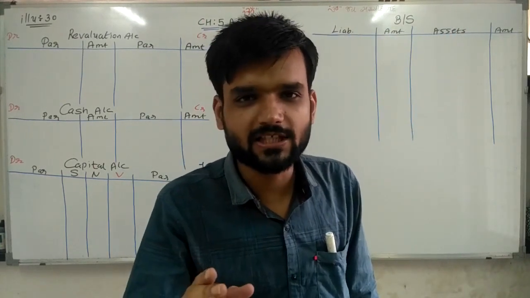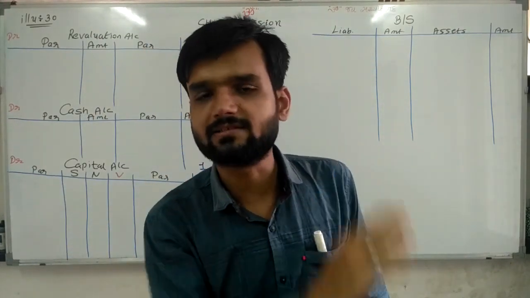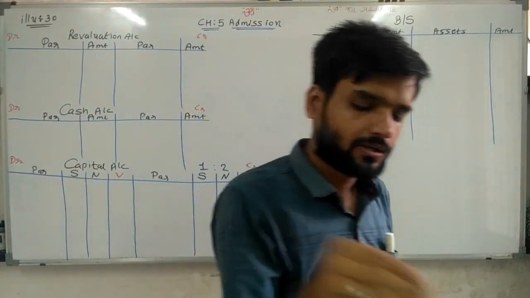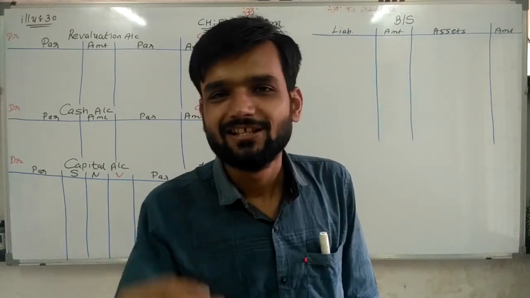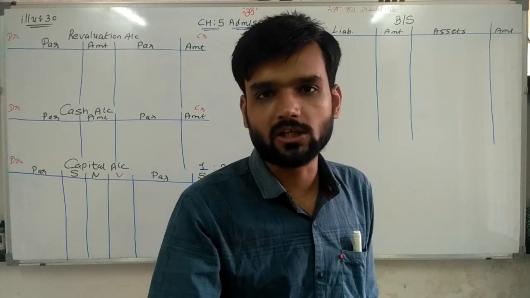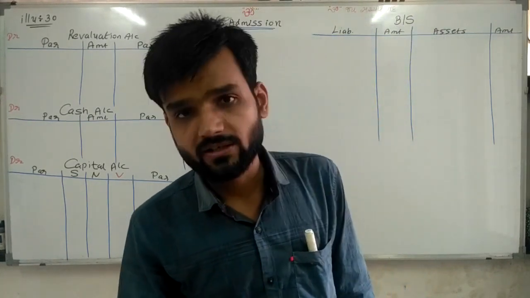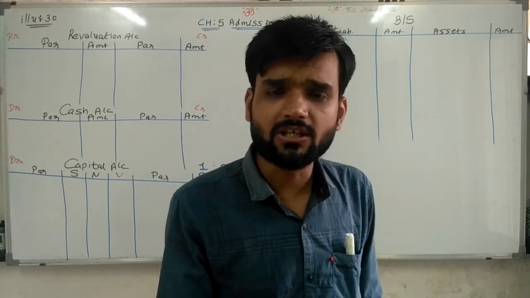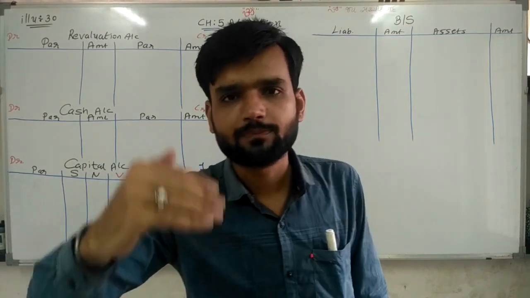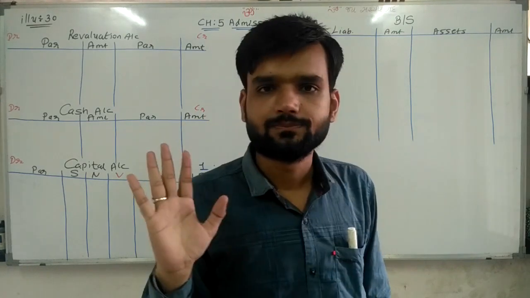Generally, bad debt reserve is given as debtors minus bad debt reserve on the asset side, but here it is given on the liability side. So first of all, you have two methods to calculate. You can write it on the liability side, and if you don't want to, then you can deduct it from debtors, which is our simple method.